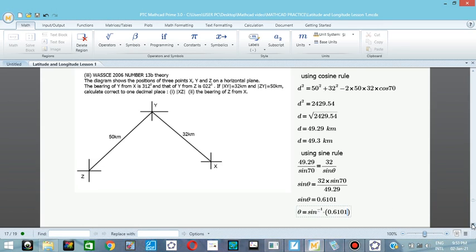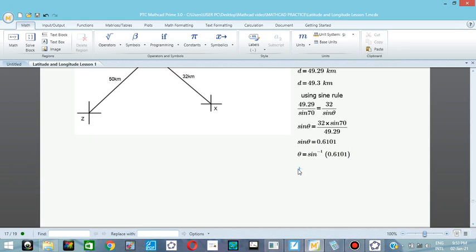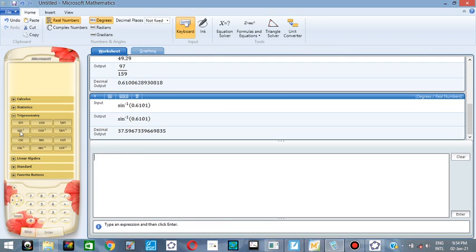Let me do it with my calculator. It is going to be equal to 37.5, let's say 37.6 if I take it to 2 decimal places.